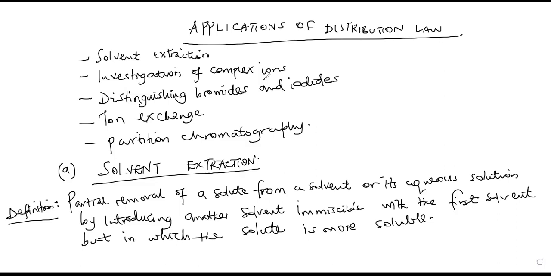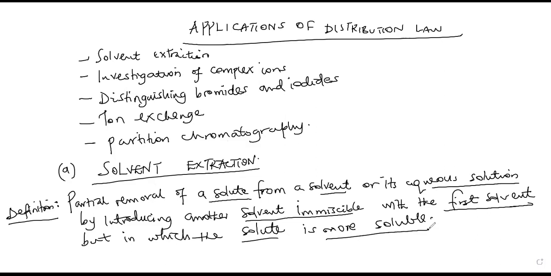In other words, the choice of the extracting solvent should be such that it can easily be distilled off. So when we say solvent extraction, this refers to the partial removal of a solute from a solvent or its aqueous solution by introducing another solvent immiscible with the first solvent, but in which the solute is more soluble.